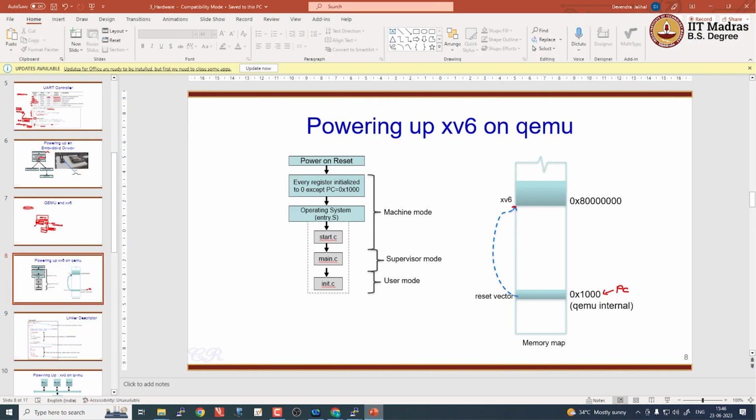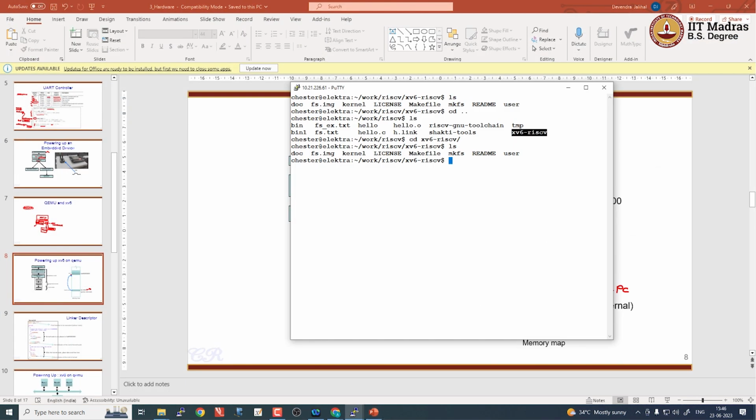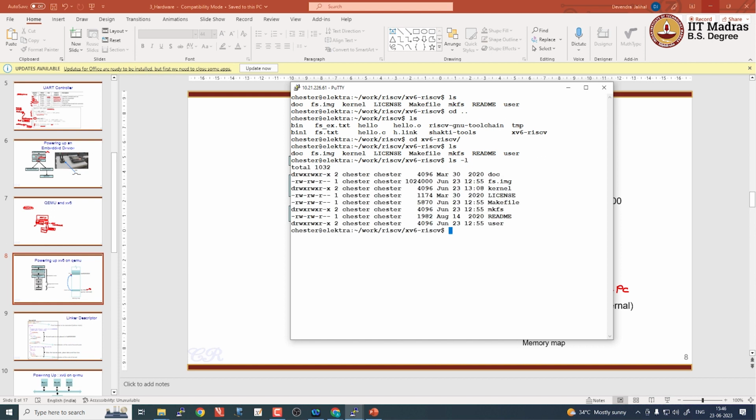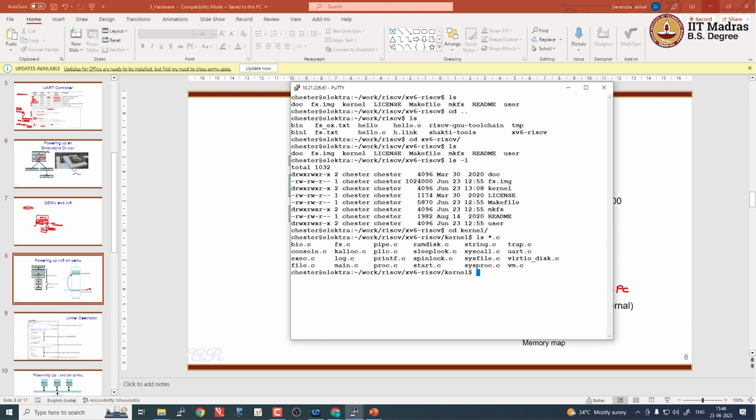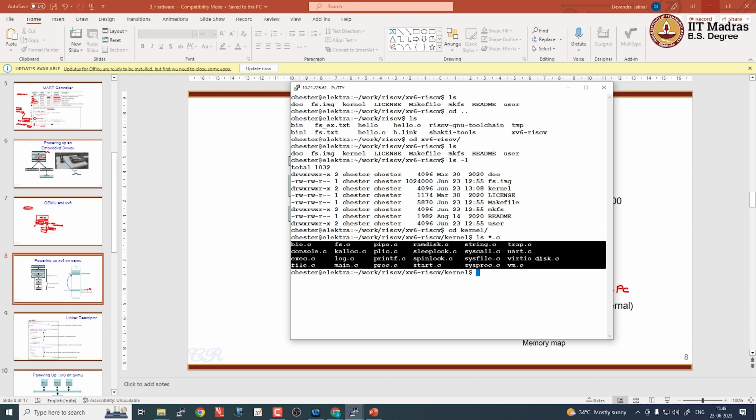There are many files over here, but some of the important things are present in the kernel directory. So here is the source code, or a major part of the source code of xv6.